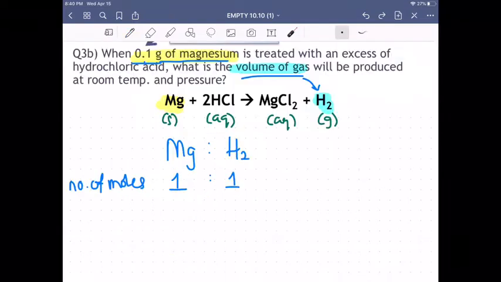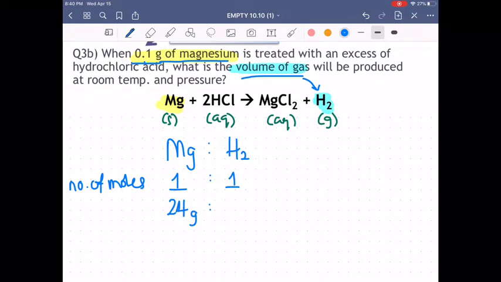Next, for this next row, we usually write the Ar or Mr or the molar volume of the gas. Since the magnesium given here is a mass, we need to convert this 1 mole of magnesium to the atomic mass, which is the Ar. The mass for magnesium from your periodic table is 24.